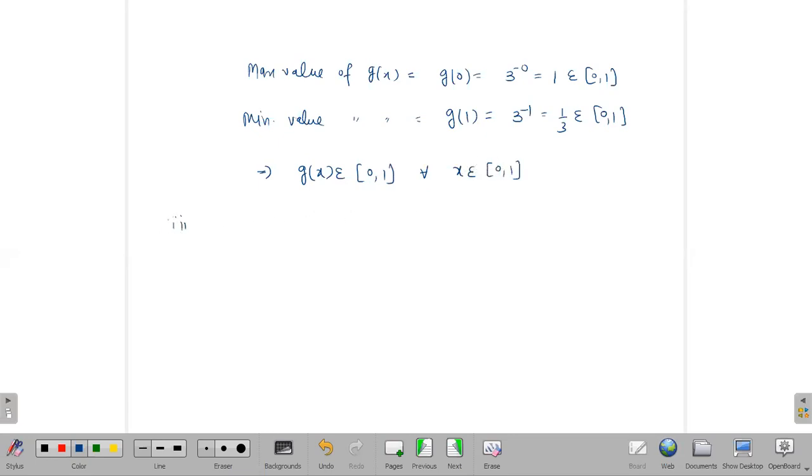Now what about the third condition? That is, the derivative should be strictly less than 1. So how to check it? Let us take its modulus: mod of g dash x is 3 raised to power minus x times ln of 3.